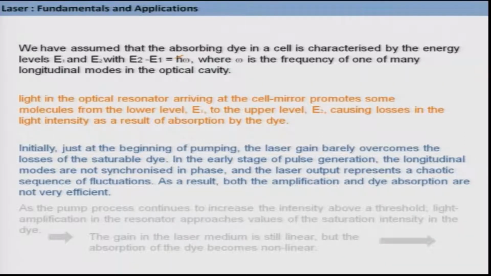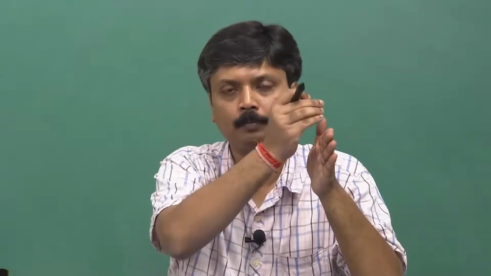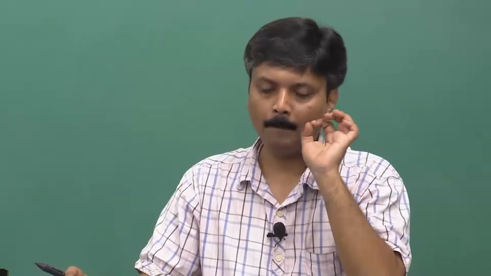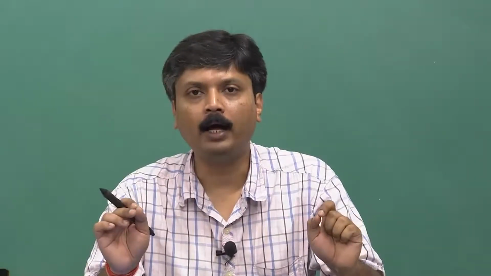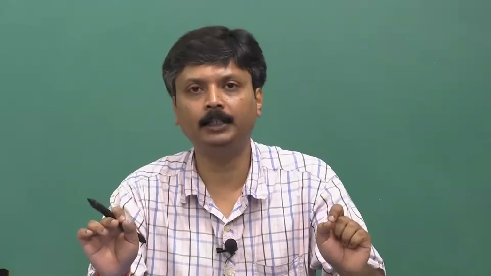The laser gain cannot overcome the loss incurred at this dye, because the dye absorbs and goes from E1 to E2. Till the point when I do not have the condition where gain is more than the loss at the dye, I have no phase relation between the different modes oscillating.